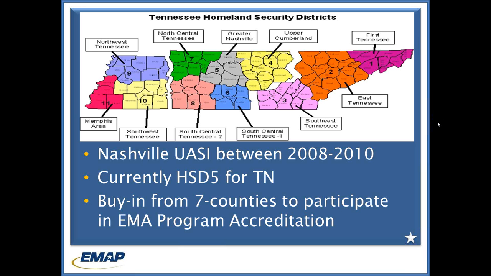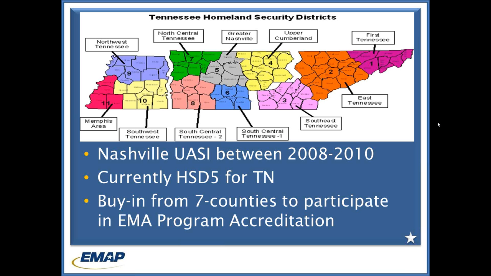But we are happy to say that during our investment justification phase, I believe it was '09, we did say that as a major component in the data sharing and communications IJ, accreditation was most important to us. And we were able to submit that application and get approved.